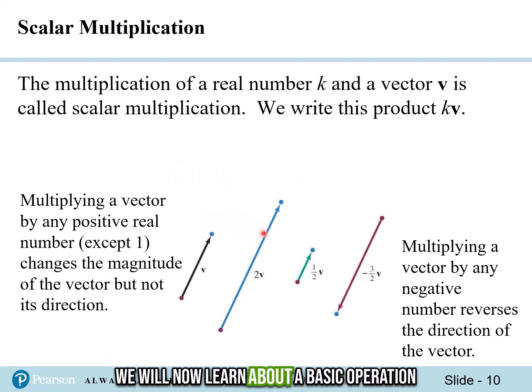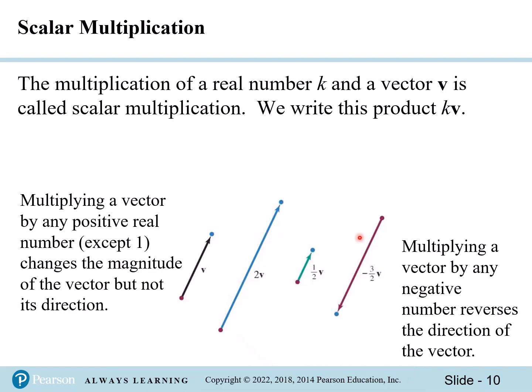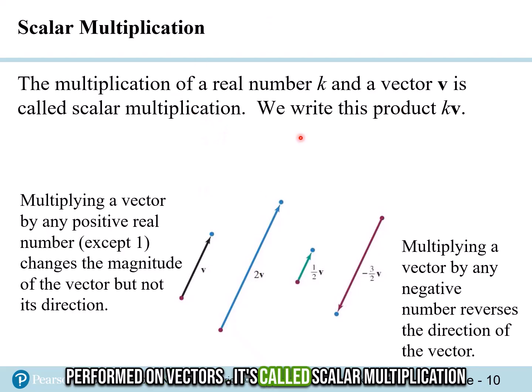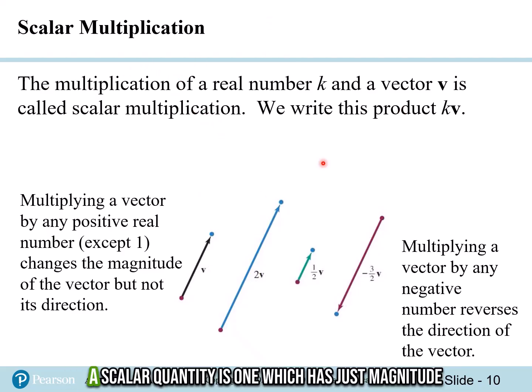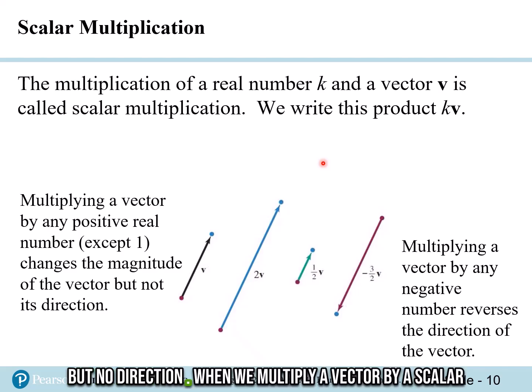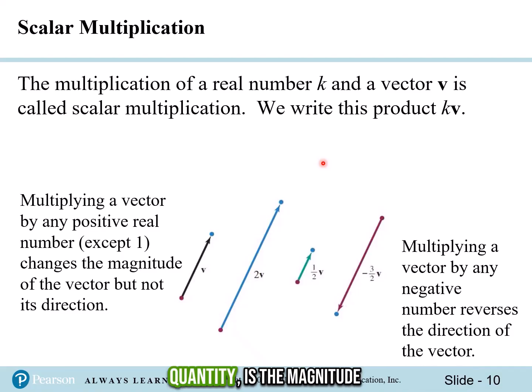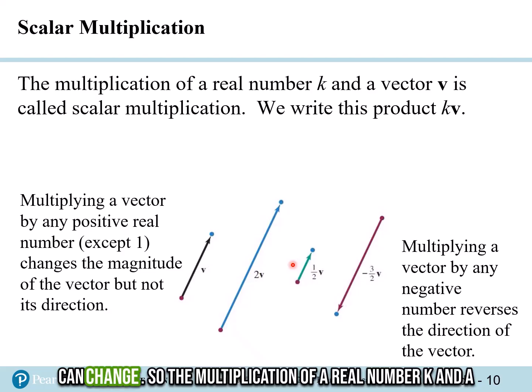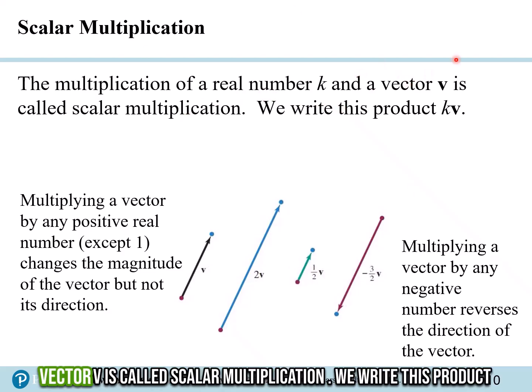We will now learn about a basic operation performed on vectors. It's called scalar multiplication. A scalar quantity is one which has just magnitude but no direction. When we multiply a vector by a scalar quantity, the magnitude of the vector can change. So the multiplication of a real number k and a vector v is called scalar multiplication.